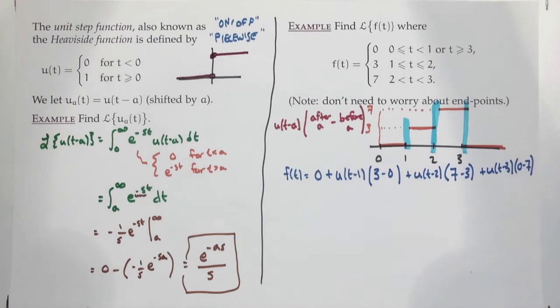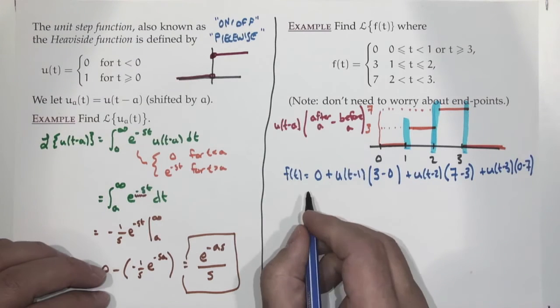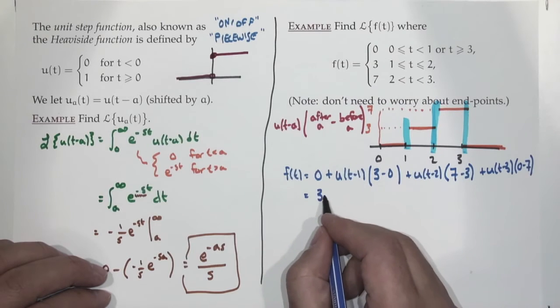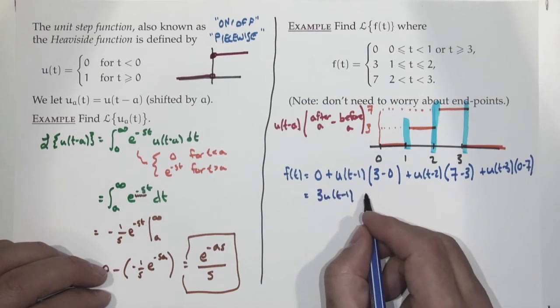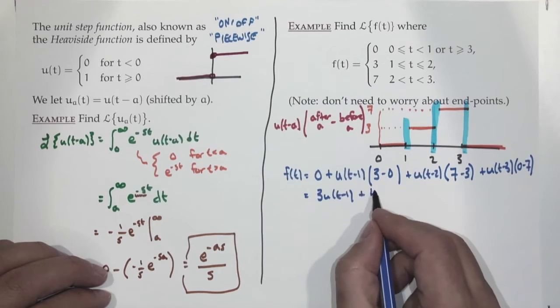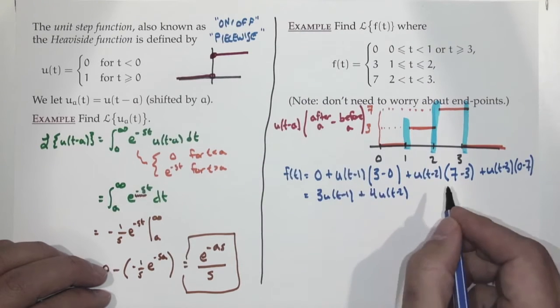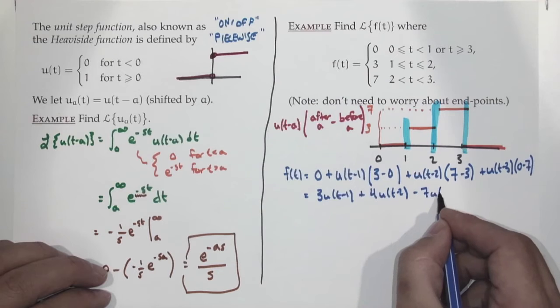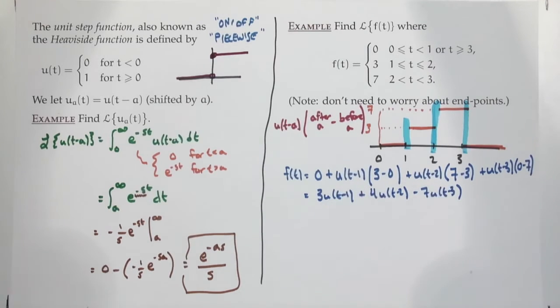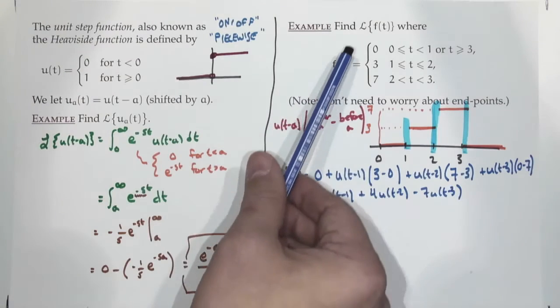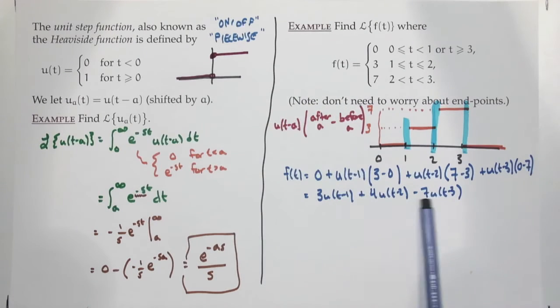And that'll always work. Okay, so cleaning this up: this is 3 u of t minus 1 plus 4 u of t minus 2 minus 7 u of t minus 3. So we found a way to write our function, instead of our usual piecewise notation, just as a single line.